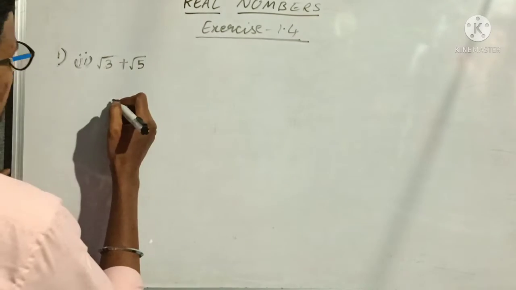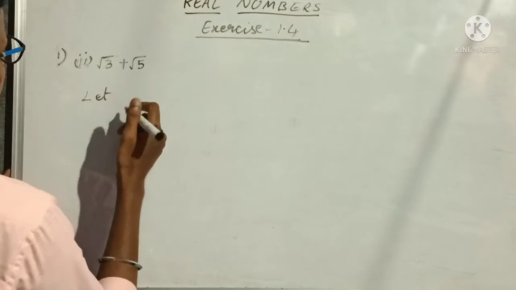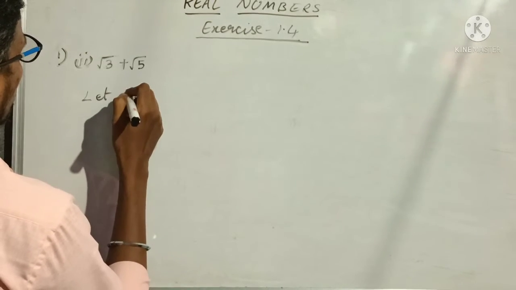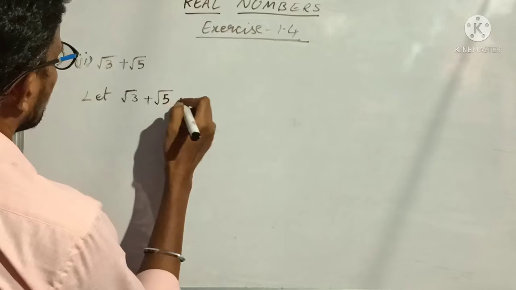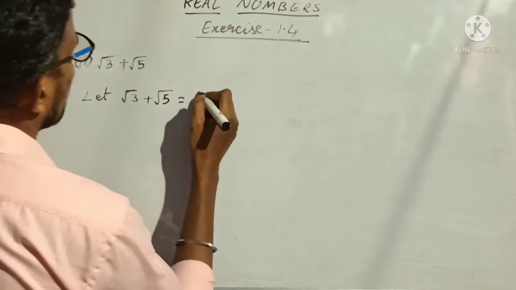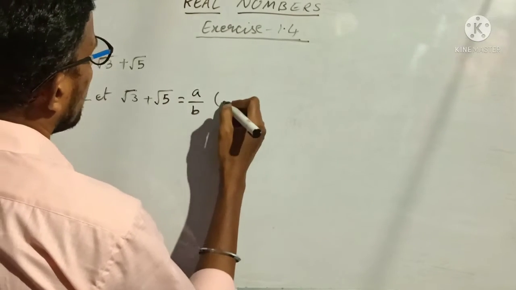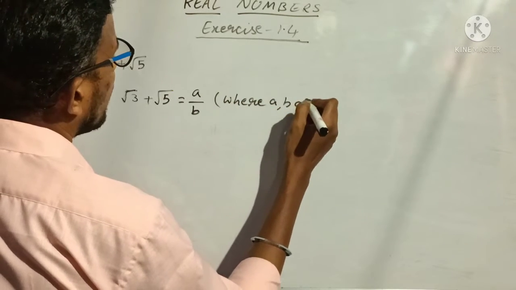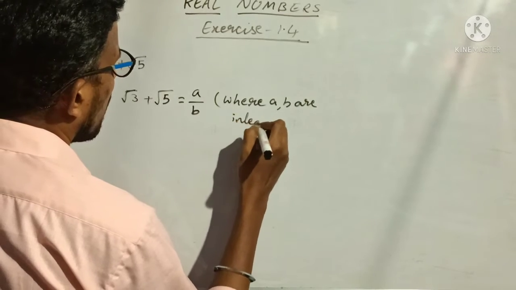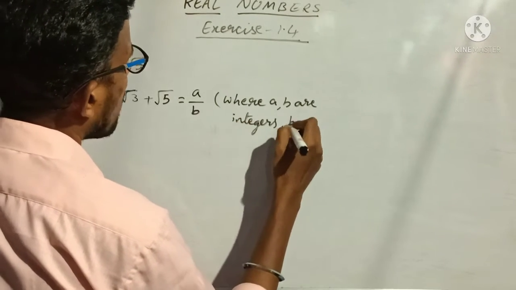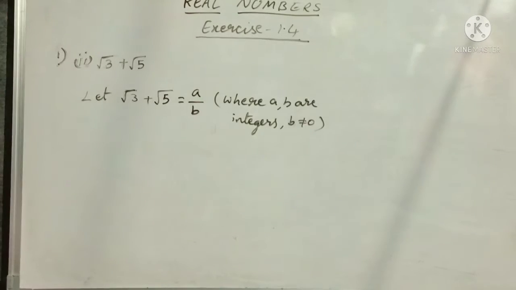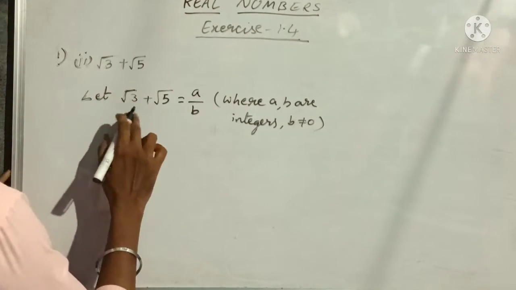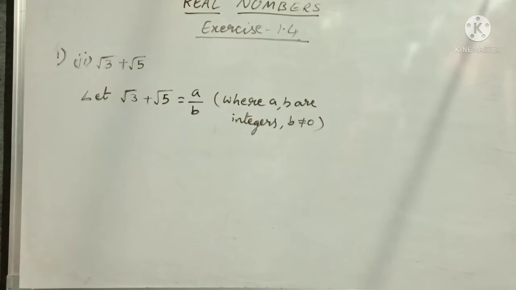For that, instead of taking this as irrational, I am taking this as rational. So root 3 plus root 5 is equal to a by b, where a, b are integers, b not equal to 0. I am assuming that root 3 plus root 5 is a rational number.